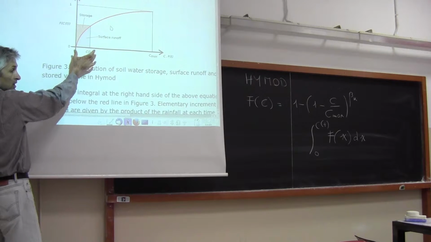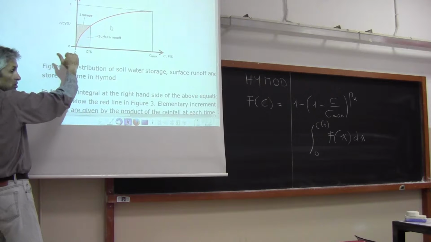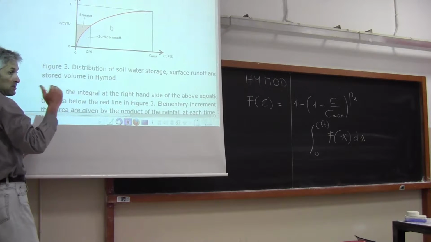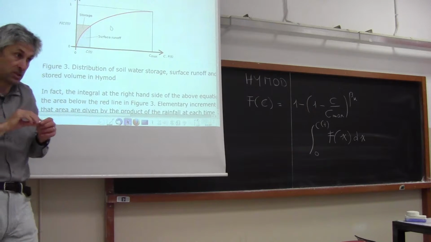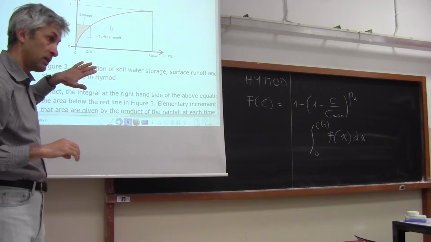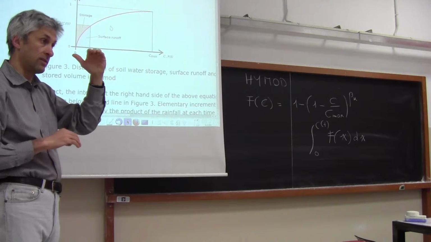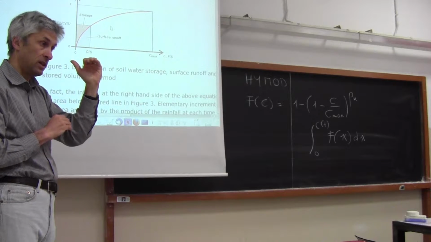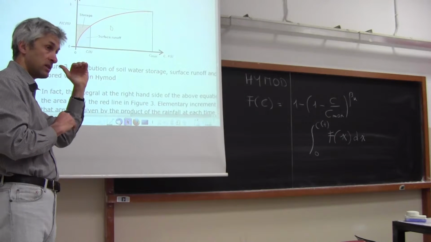As I said, up to the saturation of the basin, the C value is coincident with precipitation. What is C? Remember, we are neglecting evapotranspiration. It's the water storage from the beginning of the event in the unsaturated areas.